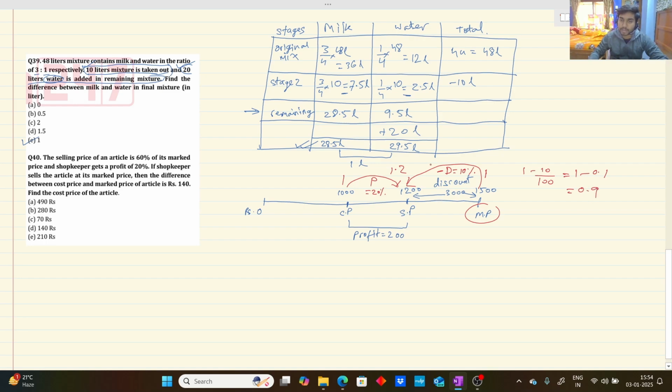Hence we subtract it. It will be 0.9 of marked price, and for the profit it would have been 1.2 times of cost price.